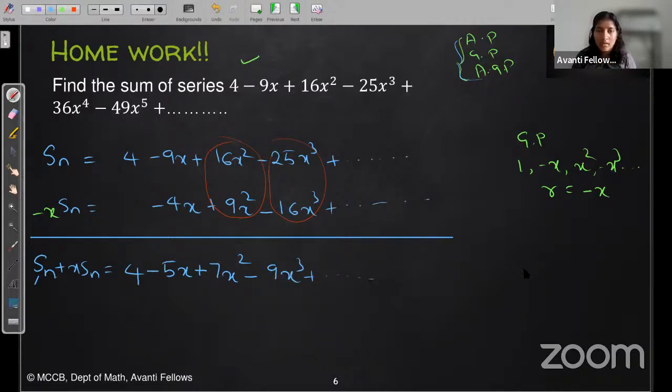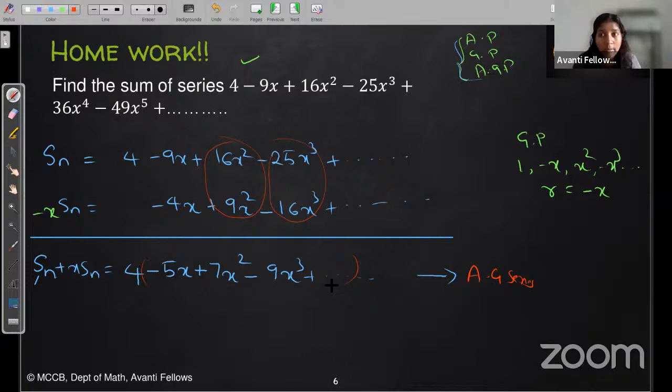Correct? Now observe this. Are we able to find any geometric progression here? It is 5x, 7x squared, minus 9x cubed. No, right? But what can we find here? This is nothing but an arithmetico-geometric series. Just observe here. Leave this 4 and just consider these terms.